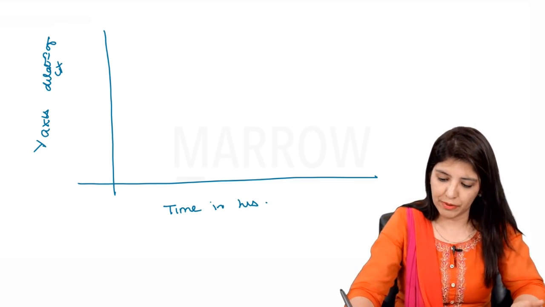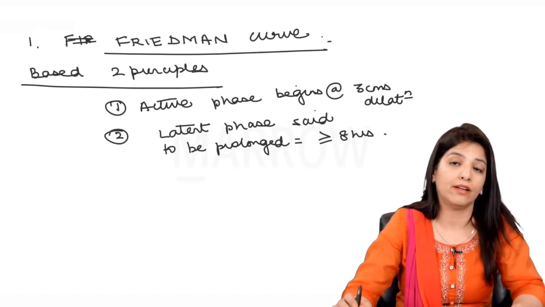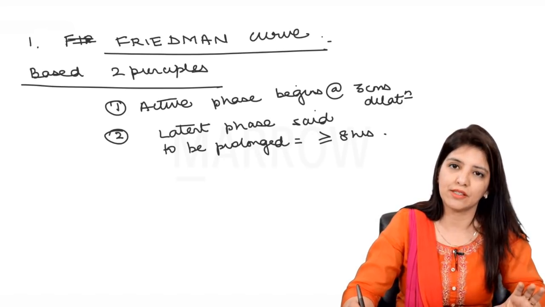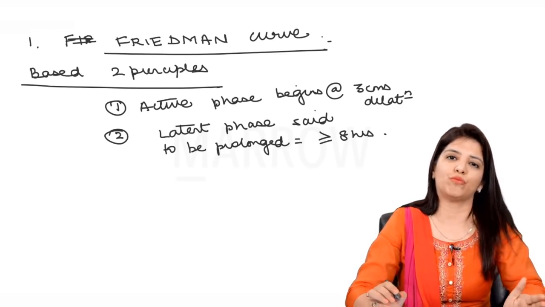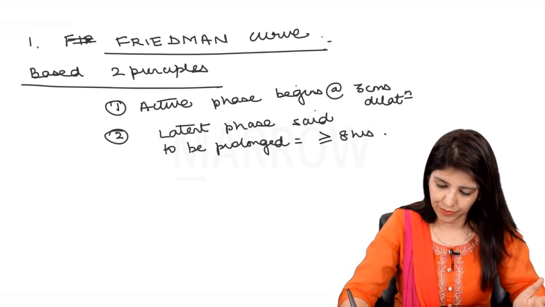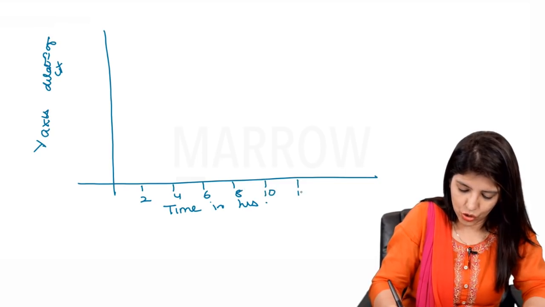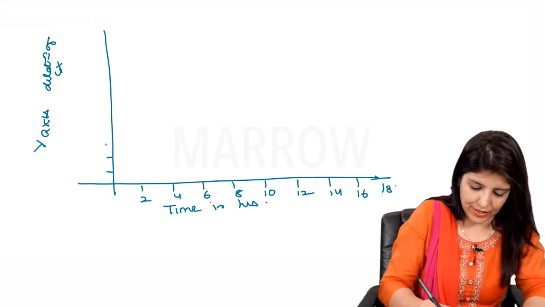So the two principles I told you were that active phase is going to begin when the dilatation of the cervix is 3 centimeters and above, and latent phase is said to be prolonged if it is more than 8 hours, right? Now look here, 2 hours, 4 hours, 6 hours, 8 hours, 10, 12, 14, 16, 18 and so on. On y-axis, we have dilatation.